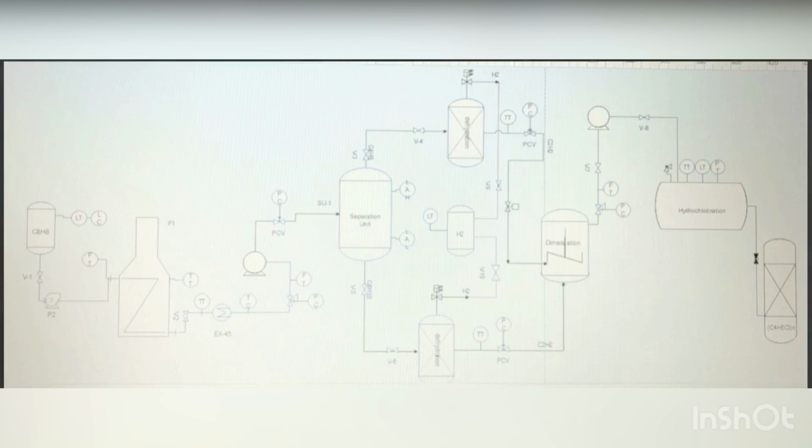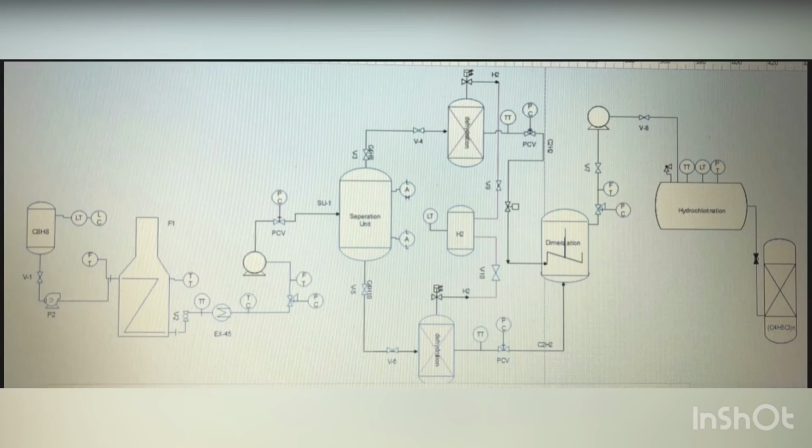As you can see on the top of the dehydration, there are two similar valves. This is a piston operated valve. When the pressure increases, it automatically opens.